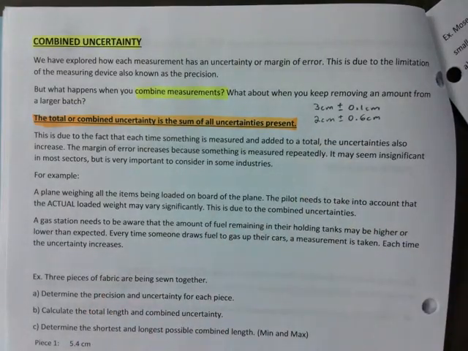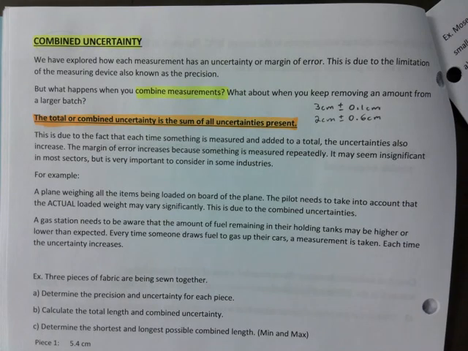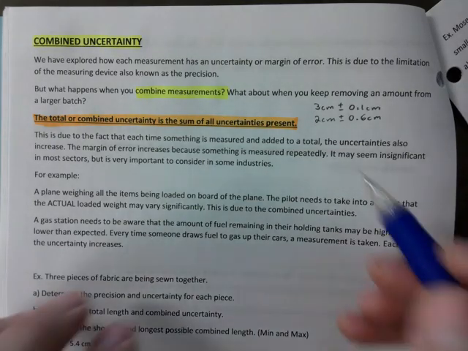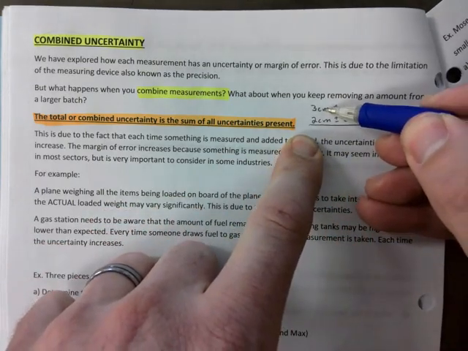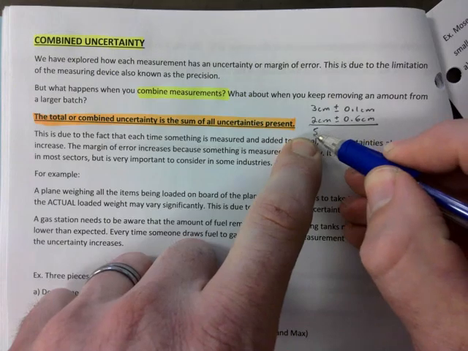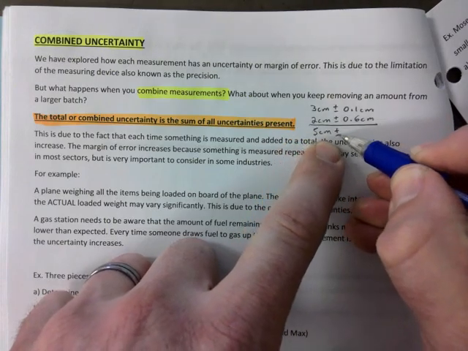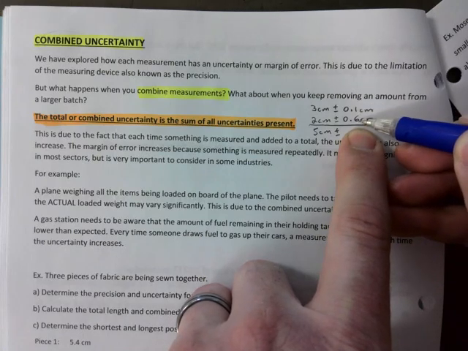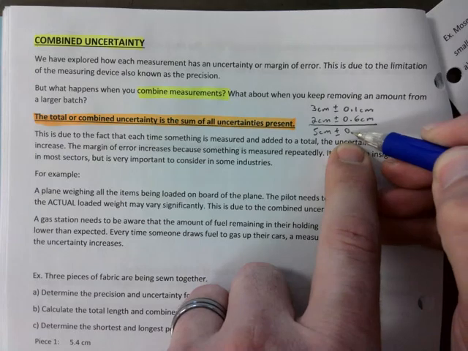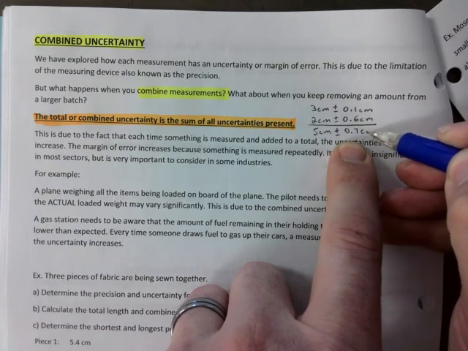So if I were to combine these pieces together, let's say you glue them together, or you sew them together, it could be fabric, it could be anything. Obviously, everybody would agree you would go 3 plus 2, that's 5. And the same thing happens to the uncertainties. 0.1 and 0.6 gives you 0.7 centimeters, right?